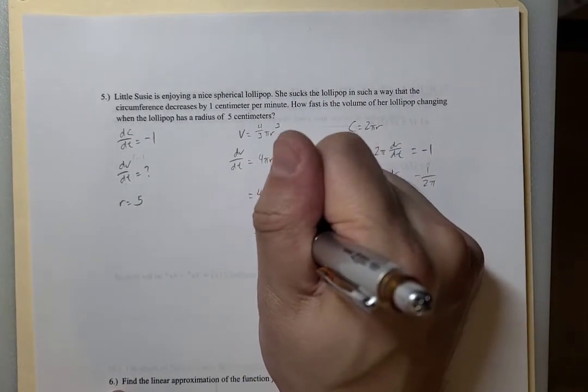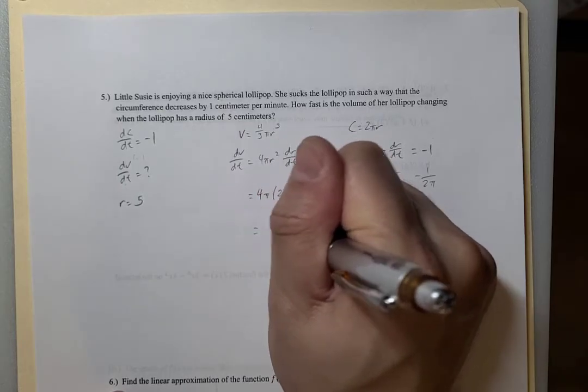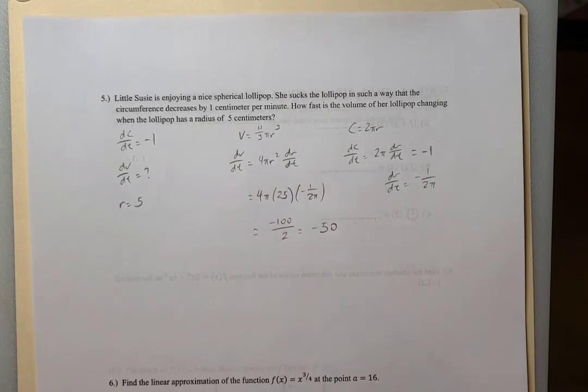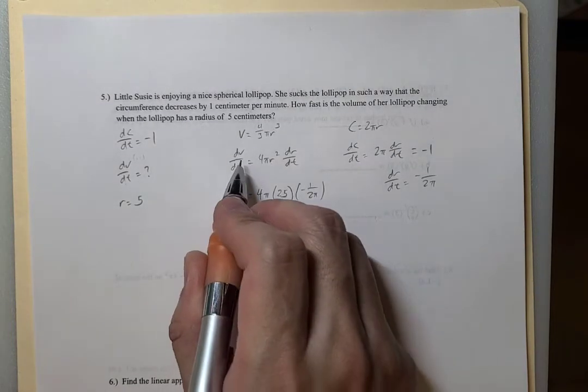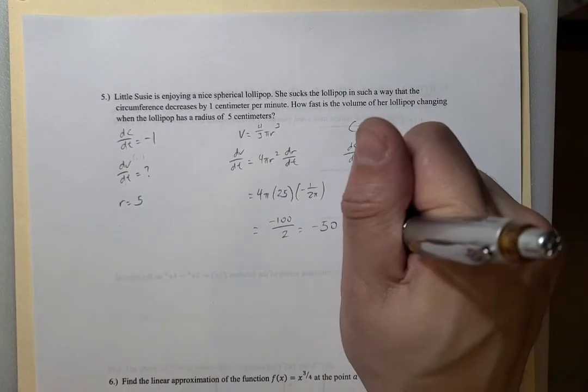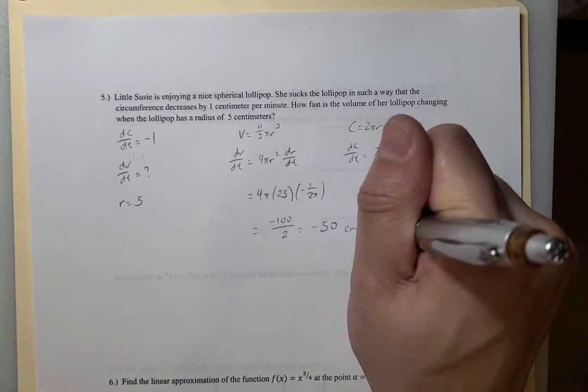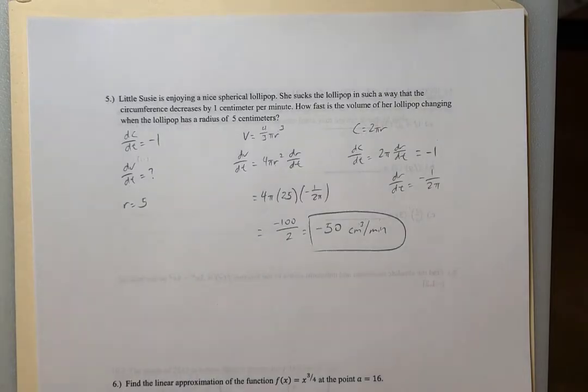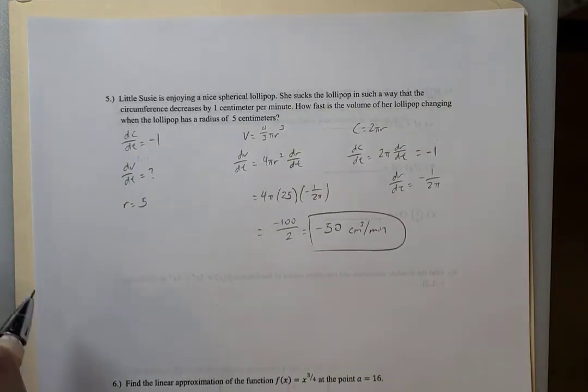That is minus 100 over 2, which is negative 50. And we need units though. This is change in volume over change in time. So it would be centimeter cubed per minute. Okay, that's how we solve that one.